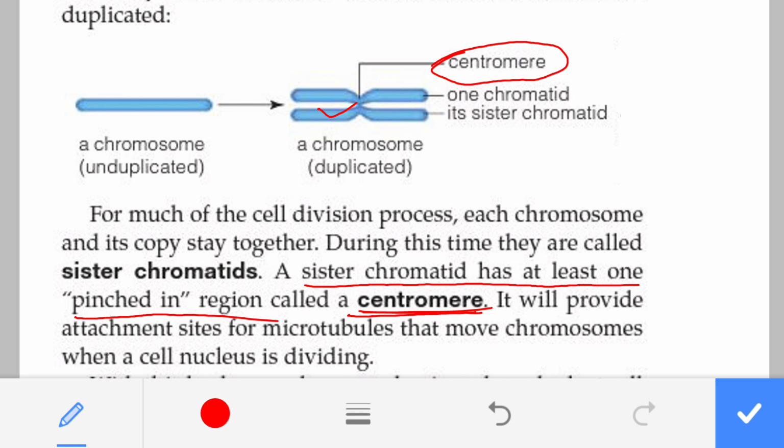And what is the function of this centromere? The centromere provides an attachment site for microtubules when the chromosomes are separating into two daughter nuclei at the time of cell division.